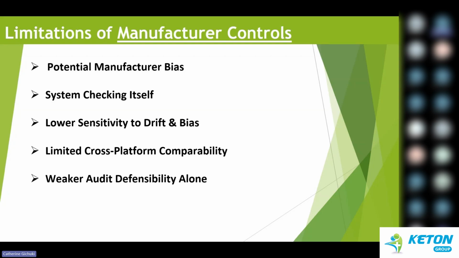So a system-wide error will be missed if we rely on the manufacturer's QC only. Usually they have lower sensitivity to drifts and shifts. The subtle analytical shifts that are usually caught by the third party will go undetected.